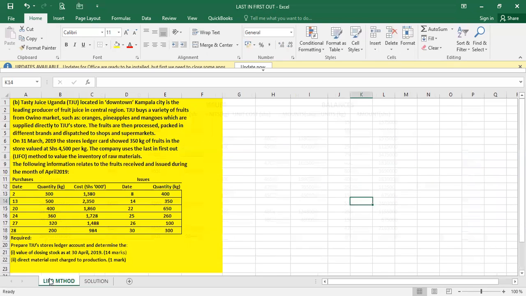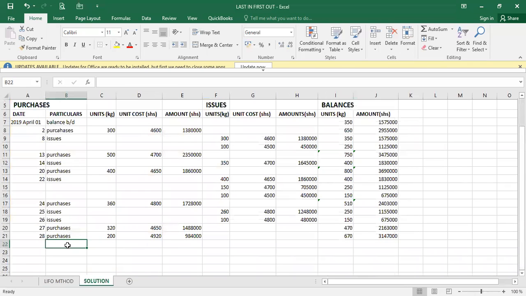The last transaction in that month of April happened on 30th, and we issued out 300 units. This is on 30th. These are issues, and we issued out 300 units. But remember, we take the recent purchase, meaning we have to first complete these 200 units, and then the remainder, the 100, we pick it from here.